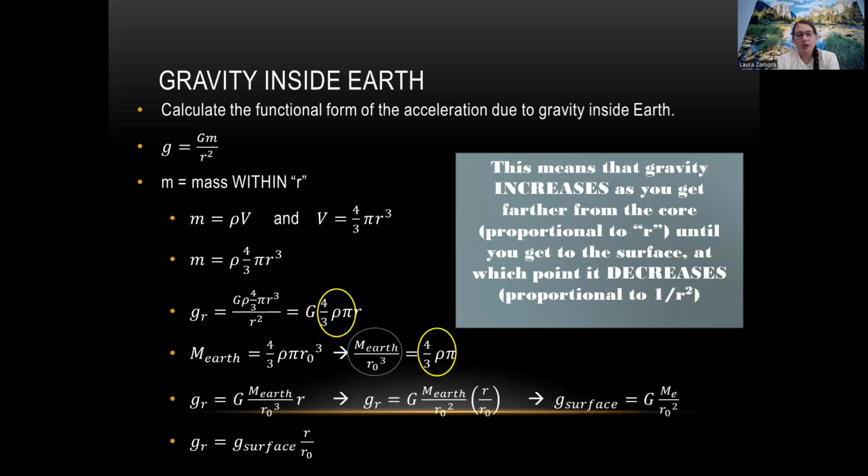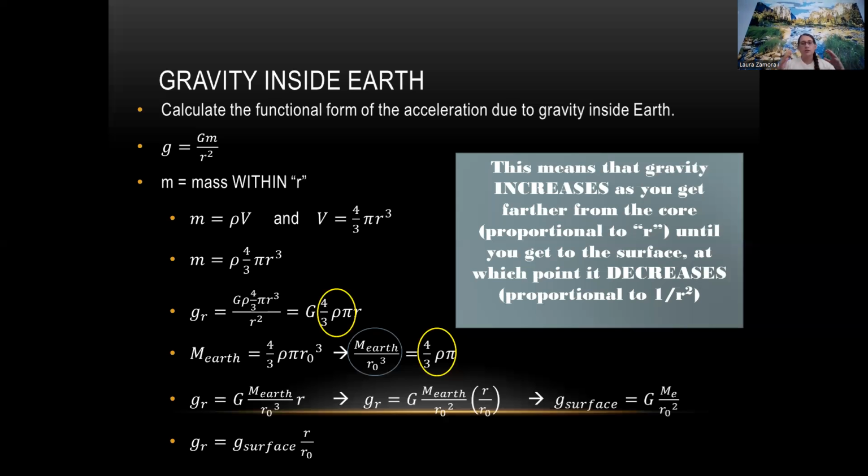Yeah, so basically what we're trying to figure out is how the force of gravity changes inside the Earth. Because yesterday we talked about how it changes when we're outside of the Earth and moving away from the Earth. And we said it's an inverse square law. But inside the Earth, as we move towards the center of the Earth or away from the center of the Earth, the mass of the Earth that we're considering is changing.